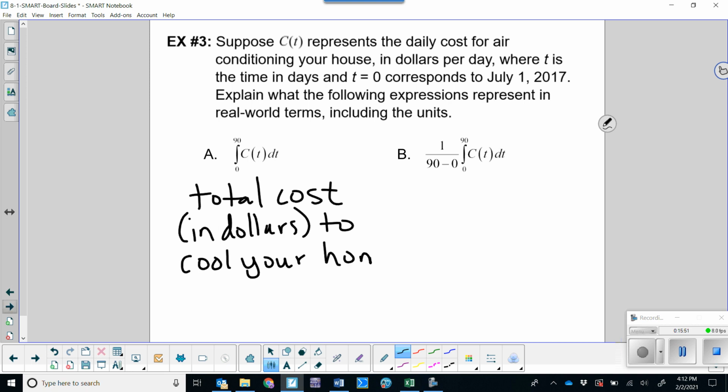And make sure, remember when we interpret, we have to have units and over an interval of some kind. So to cool your home, and it would basically be July 2017 to September 2017, or you could say, for example, from 90 days from July 1st, 2017, okay, for the 90 days after that. But you have to say when it occurs or it's not correct.